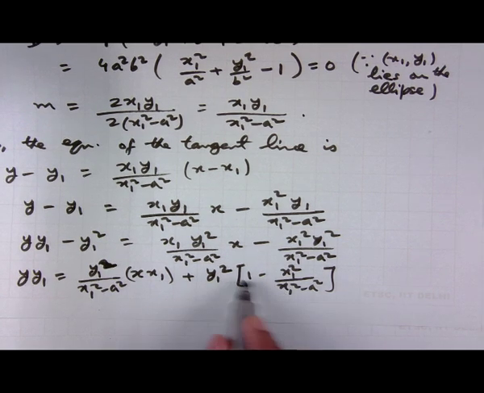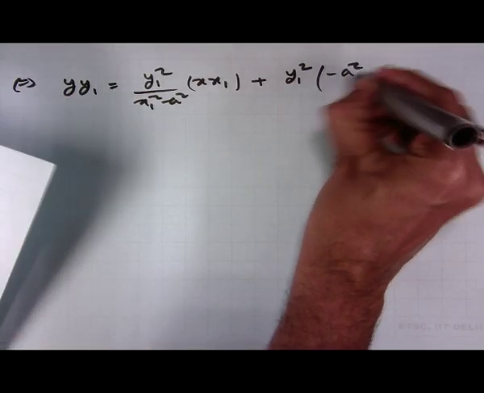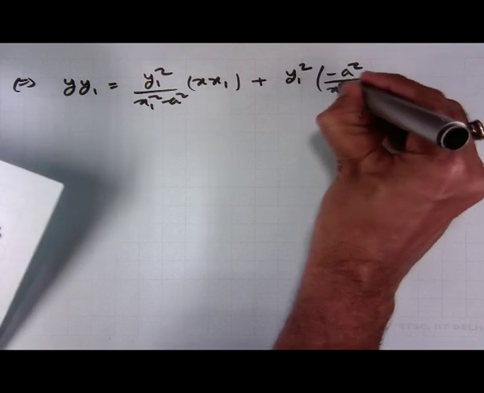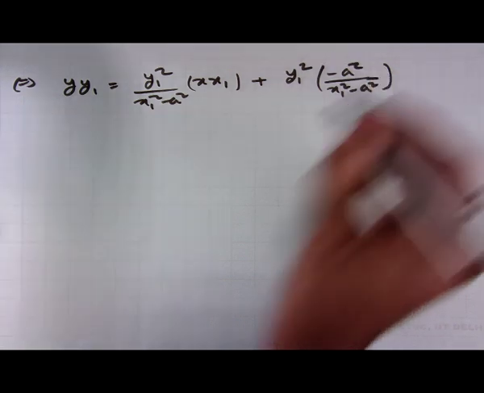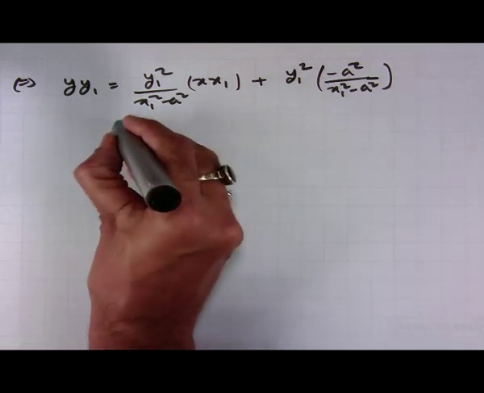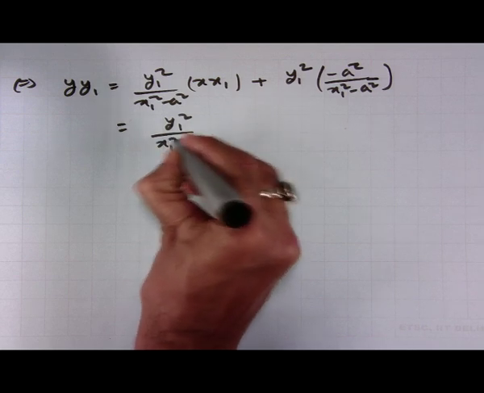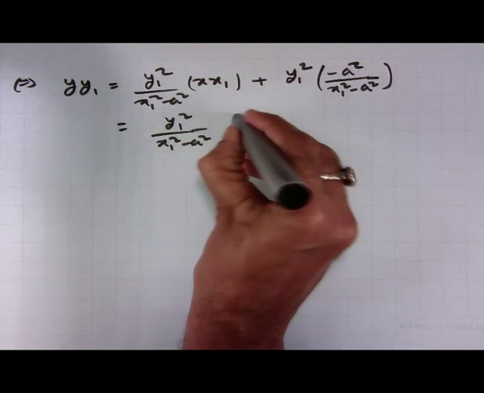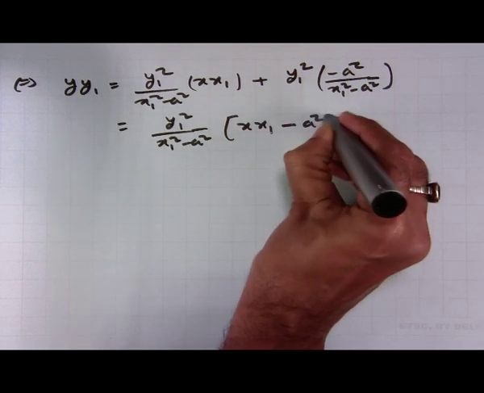So, that will be minus a square by (x1 square minus a square). So, this is equal to y1 square by (x1 square minus a square) times x1 minus a square.